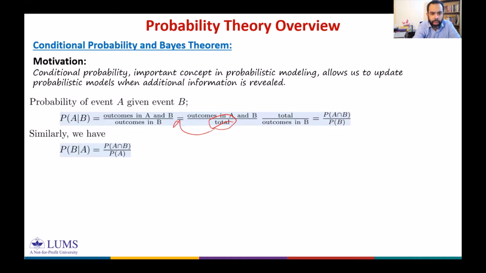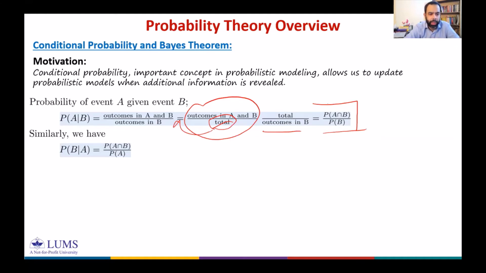But by definition, this is the probability of A intersection B, and this is the probability of B. And so we can write the probability of A given B as the probability of A intersection B divided by the probability of B.